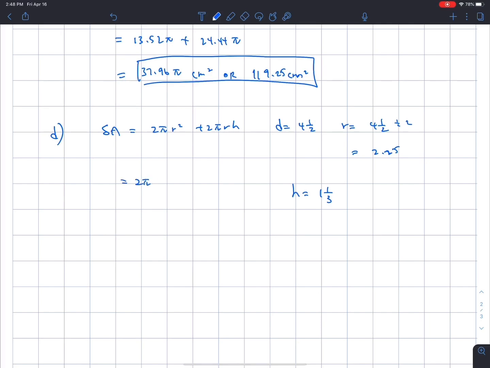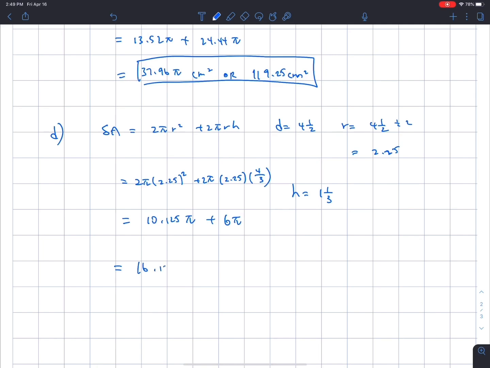So this is 2 pi 2.25 squared plus 2 pi 2.25 times h. H is 1 1/3. If I change that into improper fraction, it would just be 4/3. So 2 times 2.25 squared on the calculator gives me 10.125 pi plus, and then 2 times 2.25 times 4/3 is 6.